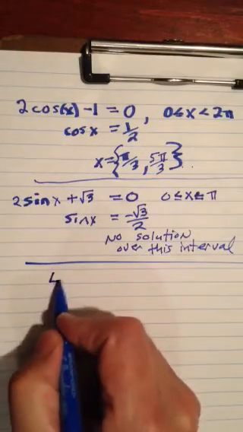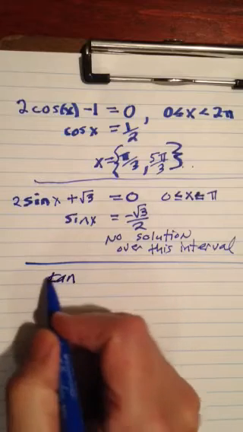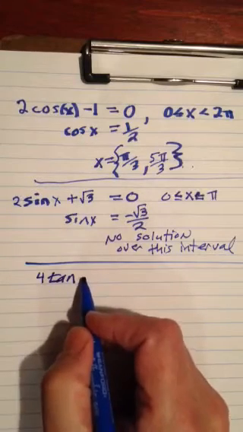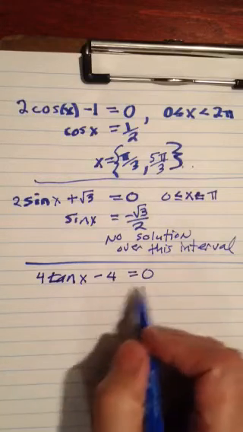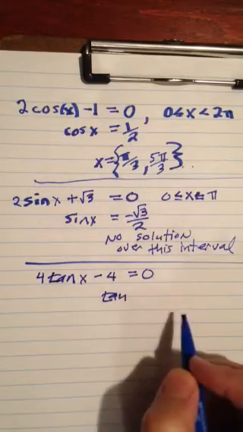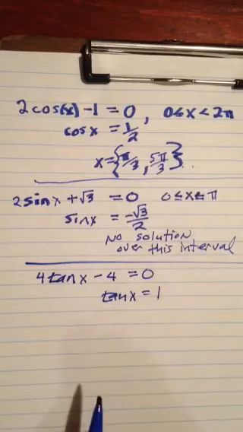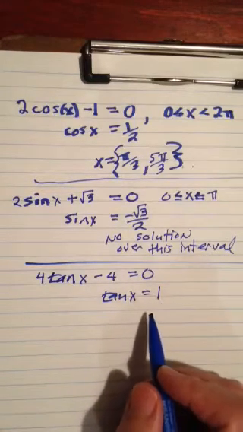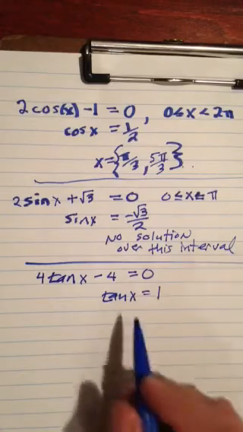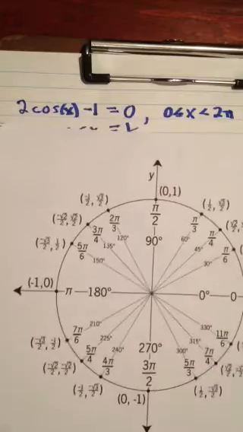All right, let's do one more. Let's do a tangent one. Let's say we have 4 tan x minus 4 equals 0. Well, you're going to add 4 and divide by 4, and you get tan x equals 1. Now, at the end of last year, when we were doing this homebound schooling, you should have learned a little bit about the unit circle, and that the tangent is the second number, the sine, over the cosine.